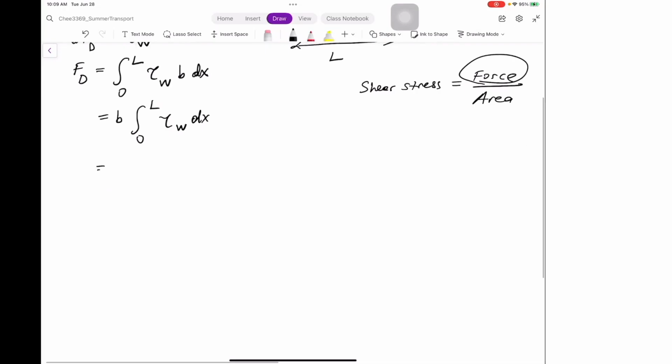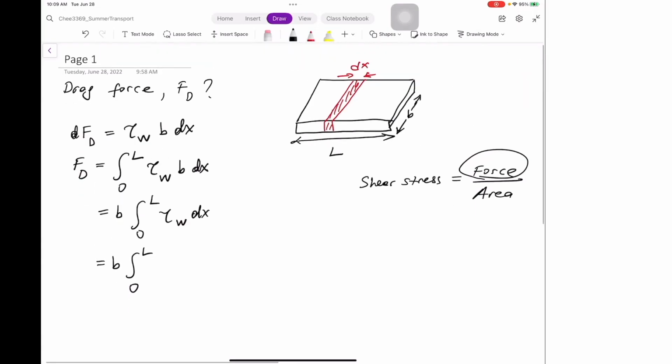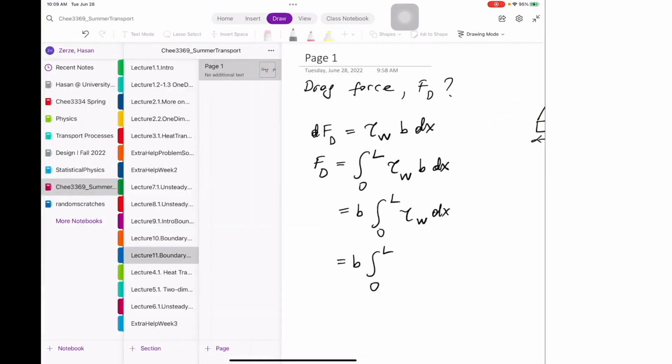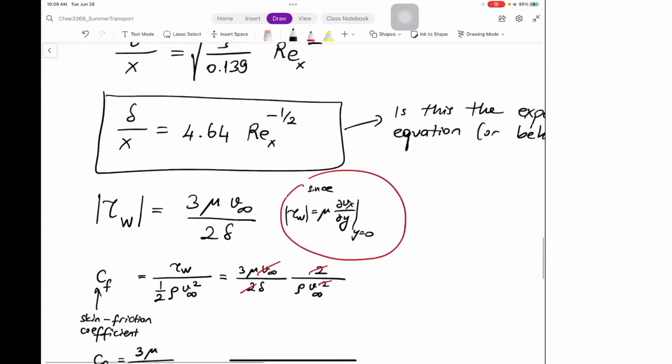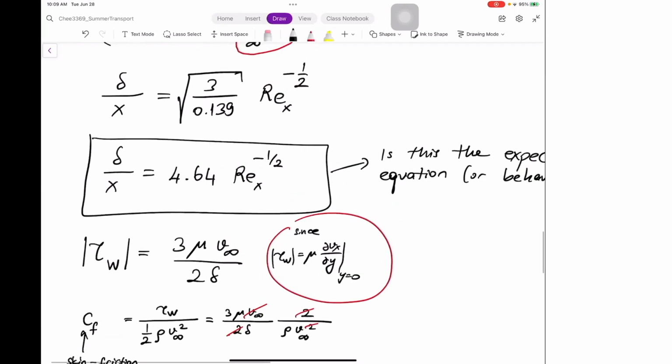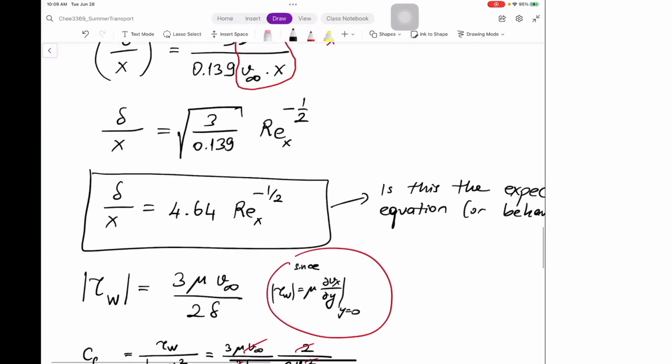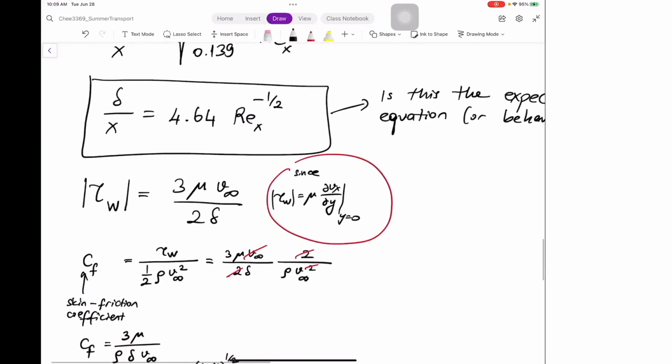And that's equal to B integral from 0 to L. Now tau W, we have found that in the previous class. What was tau W? Let's see. That's 3 mu V infinity over 2 delta. But instead of delta, we can write it in terms of this expression. Okay.